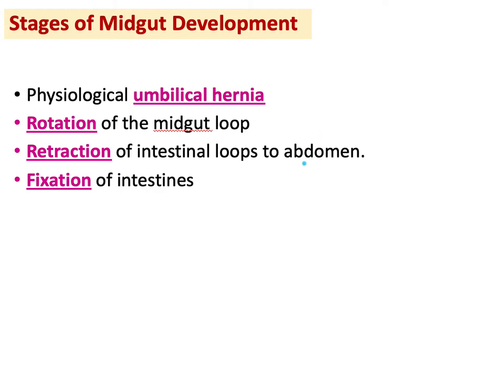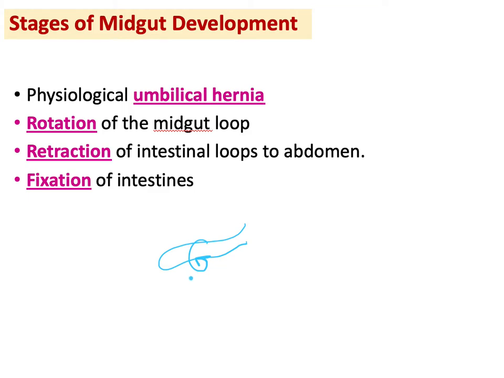Now, as we talk about the development of the midgut, it's very simple. There are a couple of stages through which the midgut develops. First of all, the midgut is herniated, physiologically of course, outside into the umbilical cord, then it will be rotated.